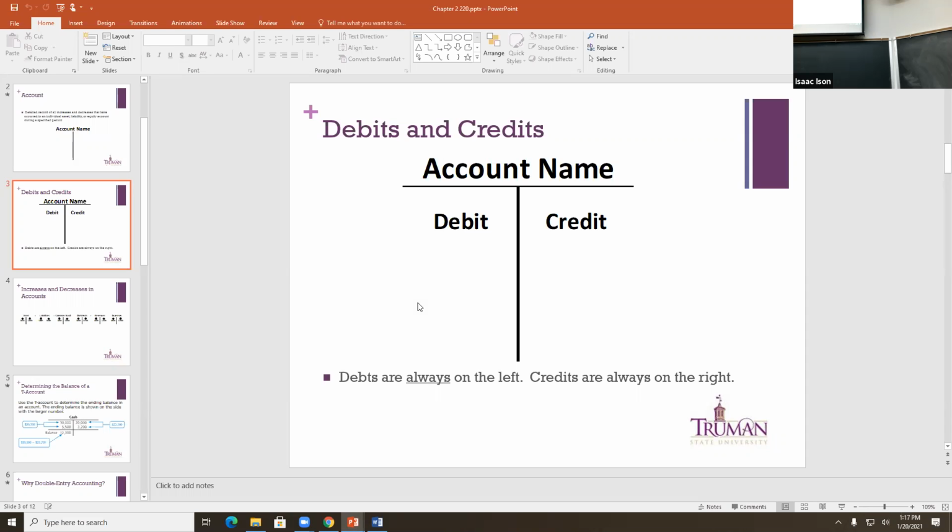The business collects $3,000 from one of its clients for services rendered earlier in the month. Okay, so think about that. The journal entry is going to be, we're going to credit accounts receivable to show that we're reducing it, right? Does that make sense? They don't owe us that money because they paid it. So we're going to credit accounts receivable and debit cash.